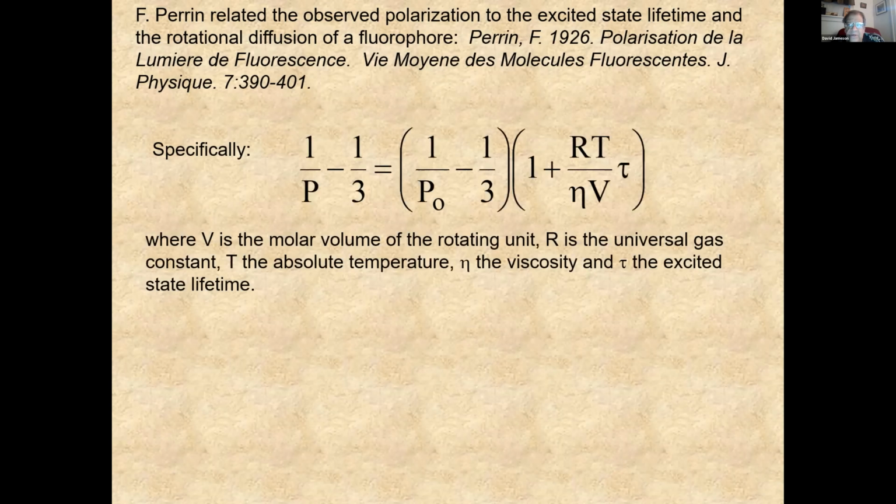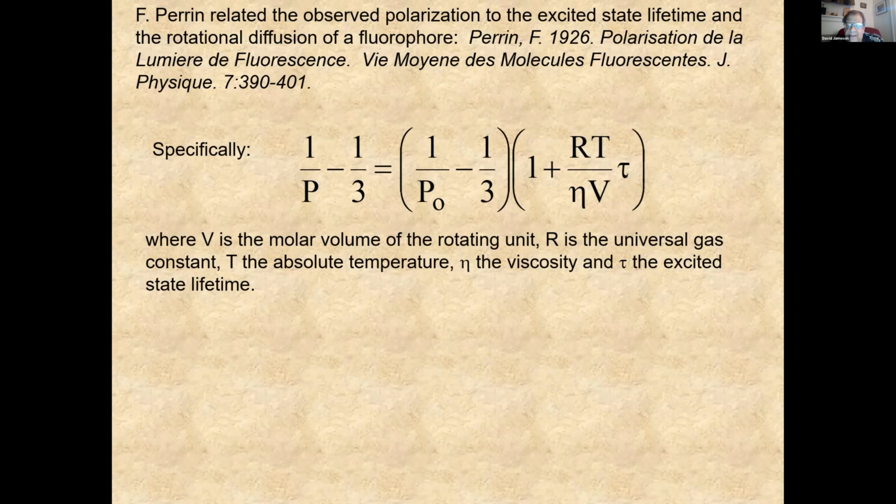Specifically, he got this equation where the observed polarization P is going to be proportional to the limiting polarization, 1 plus RT, gas constant, temperature, over mu, the viscosity, molar volume, and lifetime.